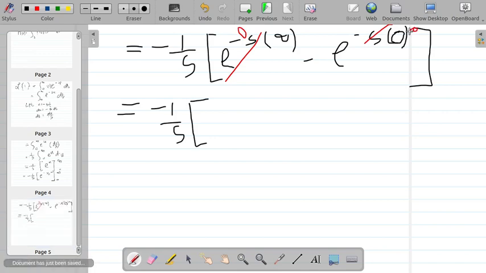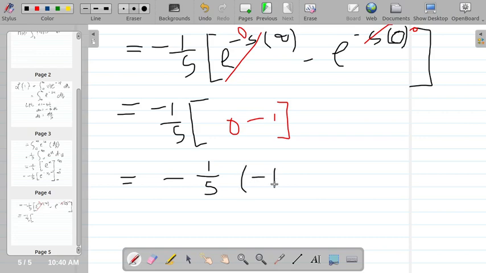E raised to the power of 0 is just equal to 1. So, negative 1 over s multiplied by negative 1 is equal to 1 over s. So, the Laplace transform of 1 is just equal to 1 over s.